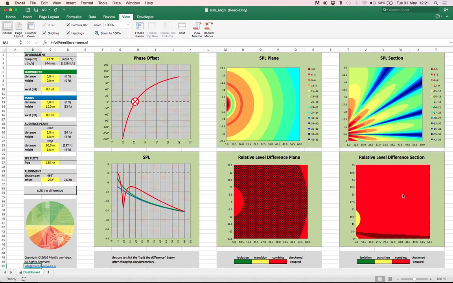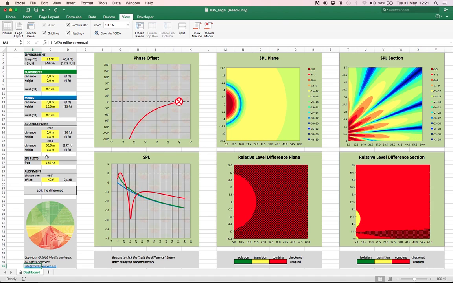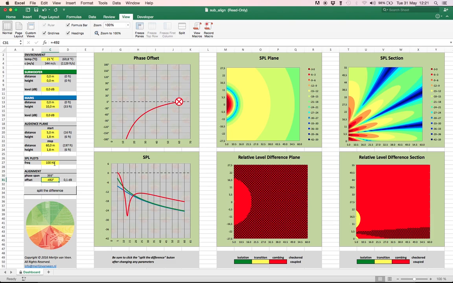And the funny thing is that if we go for the arguably best solution, which is in the back of the venue, if we are time aligned for those frequencies, which is currently 1/3 octave up from the crossover frequency, then we will be definitely time aligned at the actual crossover frequency, and we can see that the checkered area has even increased slightly because of the reduced problem that we're facing.